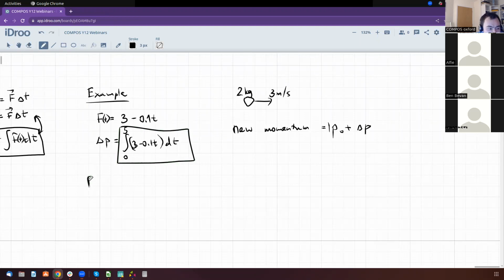Change in momentum is the final momentum minus initial momentum, which is equal to the integral. So the final momentum is the initial momentum plus the integral. So no, your way of thinking is not correct, Alistair.